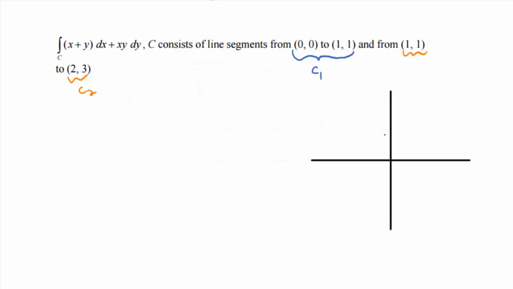Okay, so 0, 0 to 1, 1. That would be this line segment, right? And then from 1, 1, so we start where we left off, from 1, 1 to 2, 3.